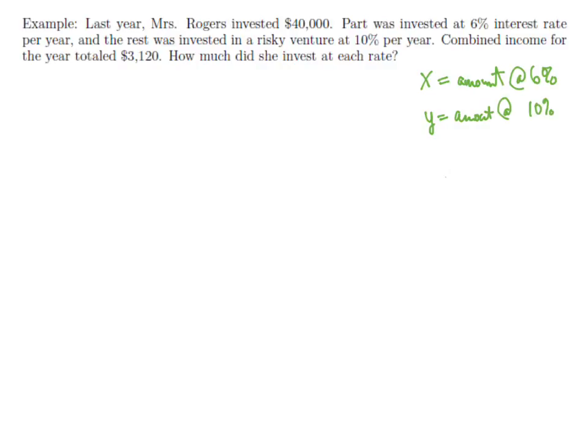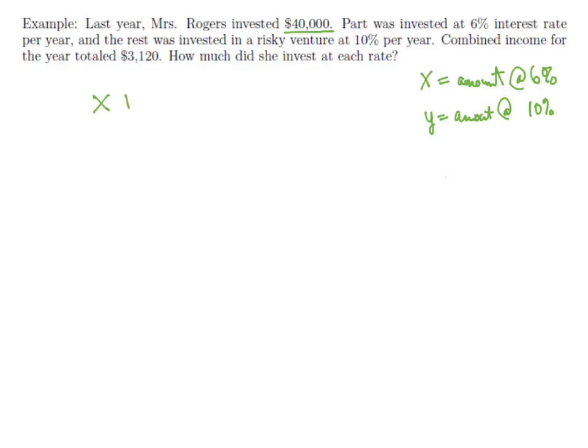So because there's two variables, we must have at least two equations to solve for each of these variables. Now, what it says is part of the money, so $40,000, part of this was invested at 6%, part was invested at 10%. So together that adds up to $40,000.